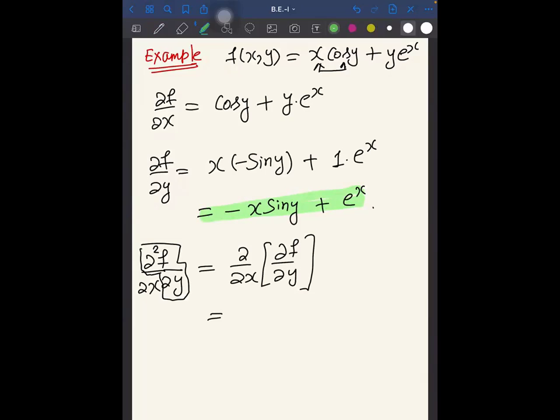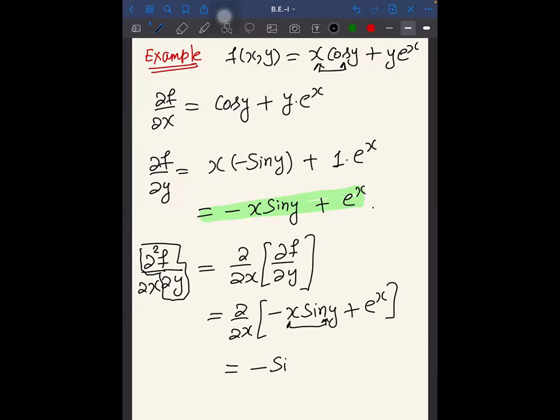So curly upon curly x of minus x sine y plus e^x. You need to differentiate it again partially with respect to x. As y is constant, it becomes minus sine y, because differentiation of x is 1, and plus e^x will remain the same. So that is the value of curly square f upon curly x curly y.